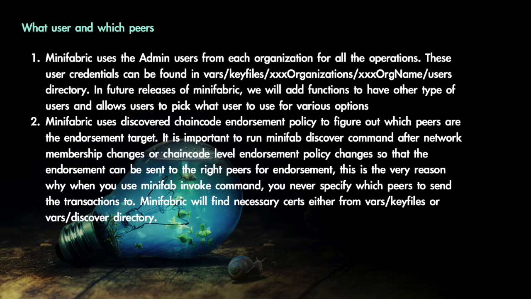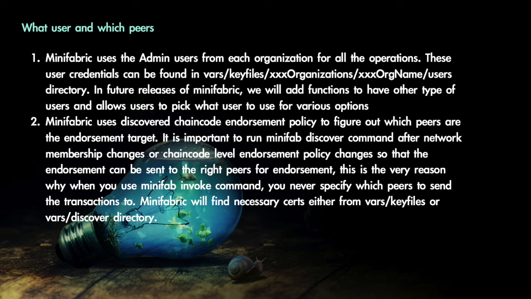Minifabric uses the discovered chaincode endorsement policy to figure out which peers are the endorsement targets. It is important to run the Minifabric discover command after network membership changes or chaincode-level endorsement policy changes so that the endorsement can be sent to the right peers.